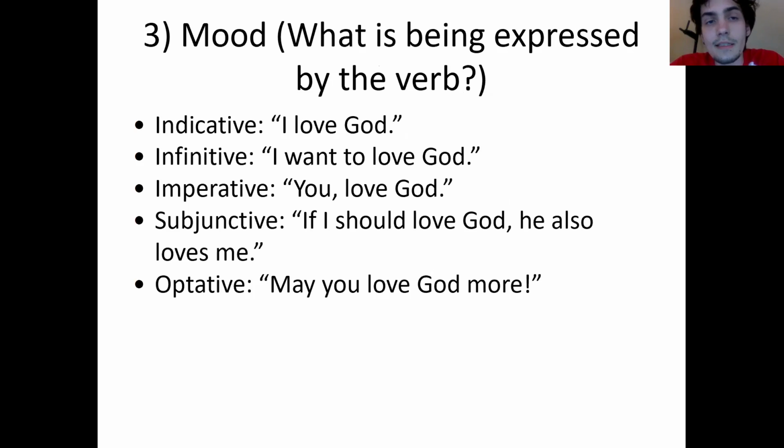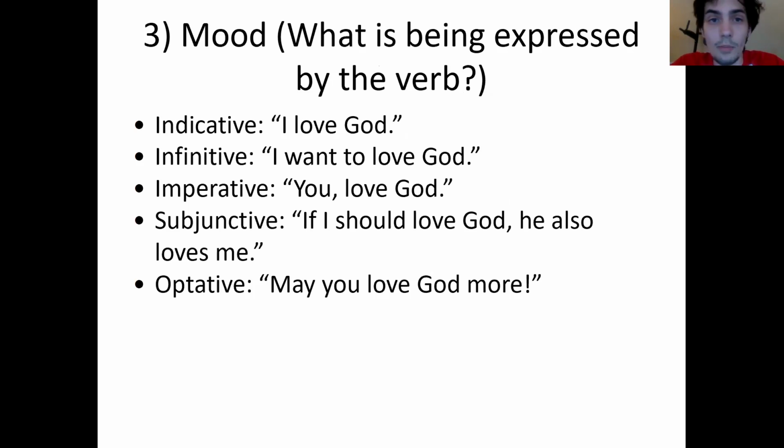Now, we finally get to the third part of verbs that we will be discussing when talking about present, active, indicative. We talked about present tense. It's happening presently. We talked about active voice, where the subject is the one doing the verb.